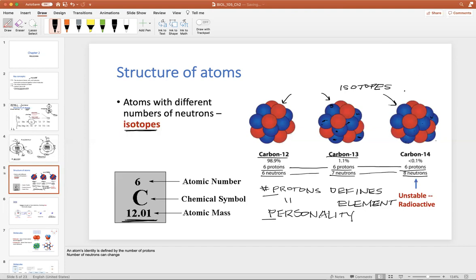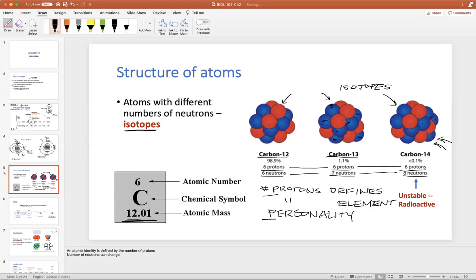Now, you've probably heard of radioactive isotopes, and what is that all about? Well, it turns out that, yep, you can have a different number of neutrons than protons in an atomic nucleus. But as you keep adding more and more neutrons, it makes the nucleus unstable. And what the atom wants to do is to get rid of the extra particles to become more stable.